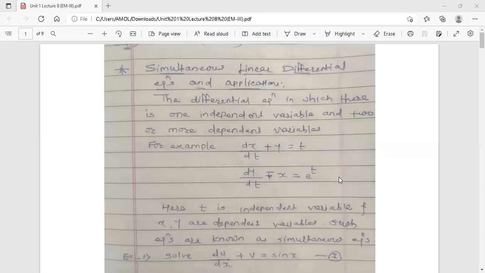So in the RHS there is a function of t, because t is independent and x and y are dependent variables here. Such systems of differential equations are known as simultaneous differential equations.